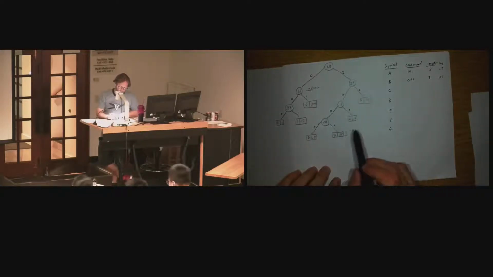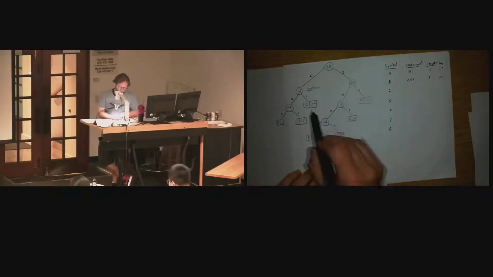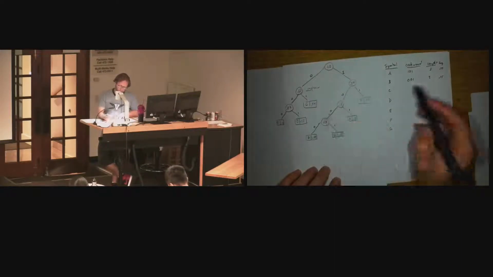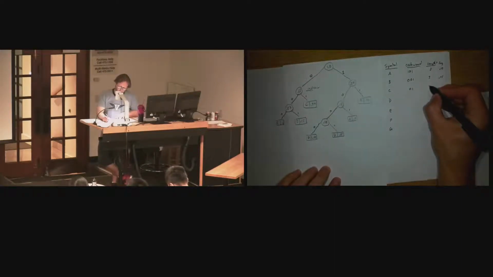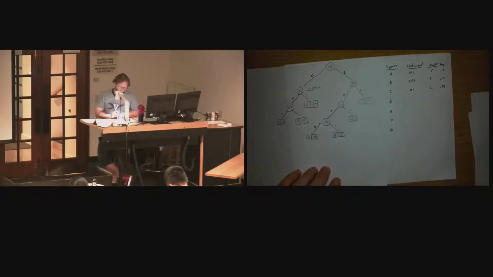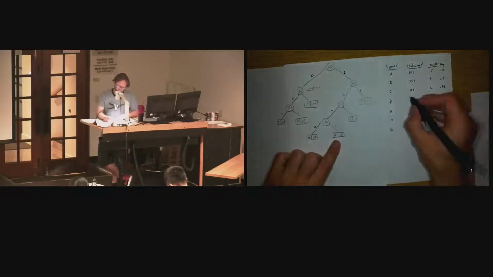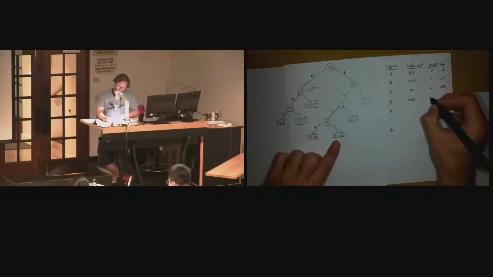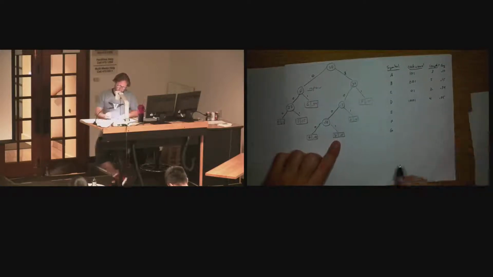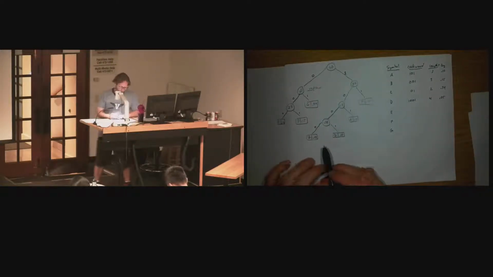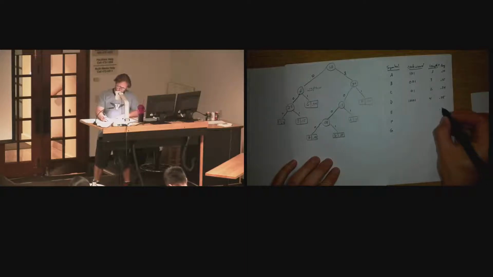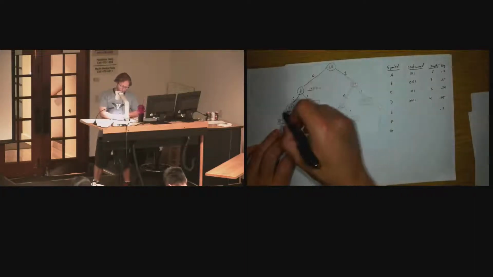Where's C? Where is it? C is going to be 0, 1. Its code word length is 2. It was 34%. D is way down here. It's going to be 1, 0, 0, 1. And that's going to be of length 4, 0.05. E is right over here, 0.12, and it's got 0, 0, 0.